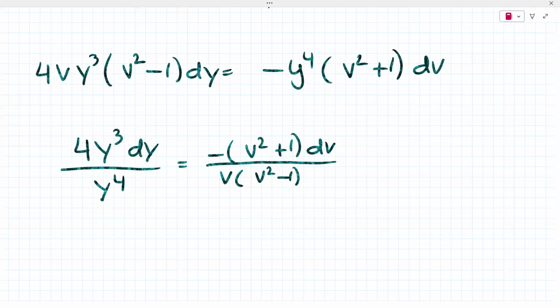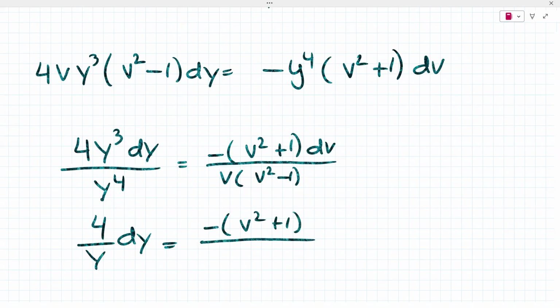Okay. Over here, if you clean it up, the y cubed over the y fourth, that's just 4 over y dy. Over here, there's nothing you really can do, besides this v squared minus 1, that's a perfect square, so that factors out as (v plus 1) times (v minus 1) dv.